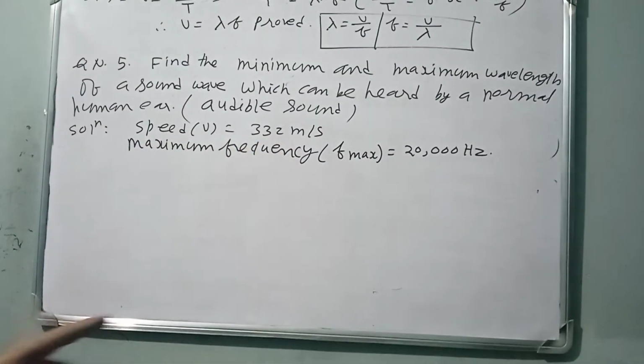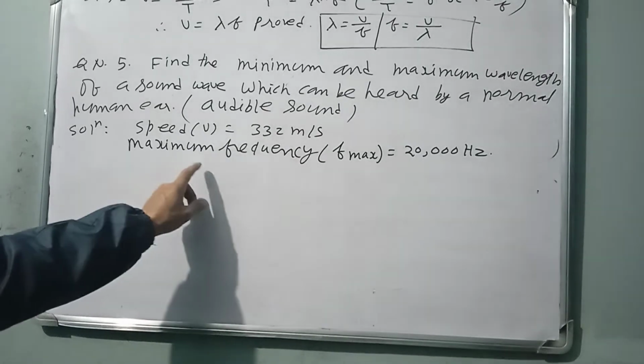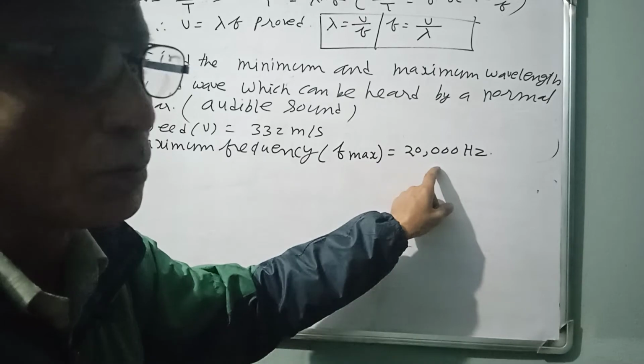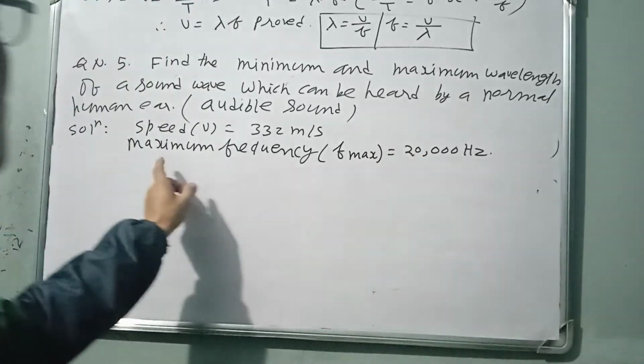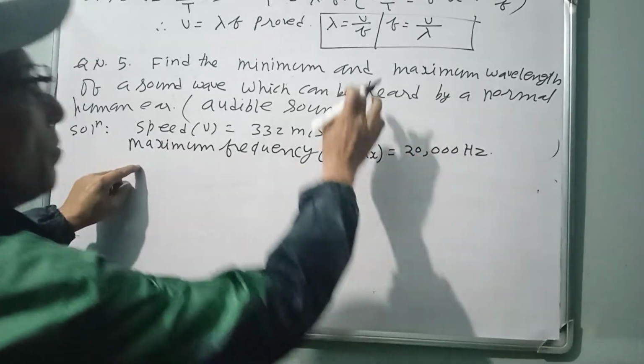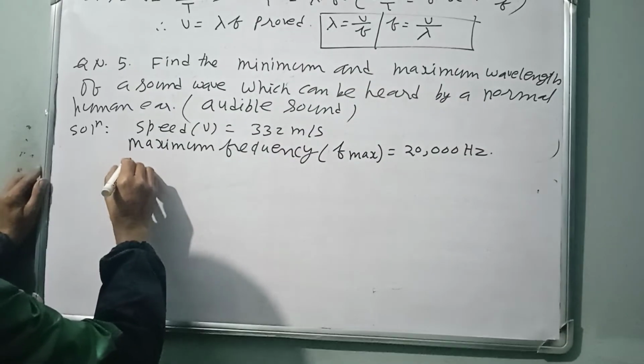Speed 332 meter per second, and the audible sound range is 20 hertz to 20,000 hertz. When the frequency is maximum, wavelength is minimum.